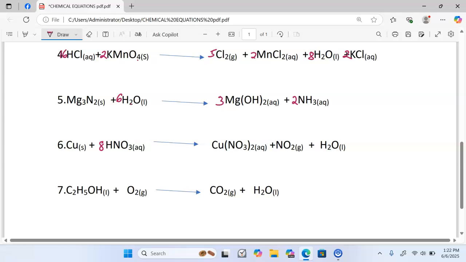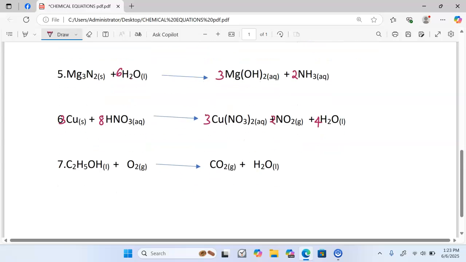And if we write 8 behind nitric 5 acid, we can do 3 behind copper nitrate, then 3 behind the copper. We are going to write 4 behind water, and also 2 behind nitrogen 4 oxide.